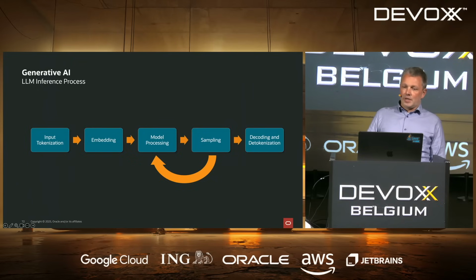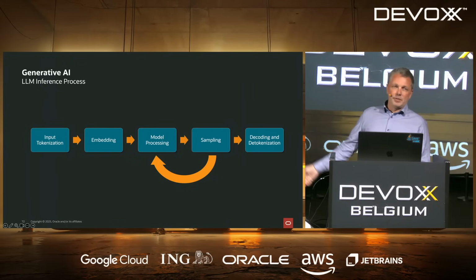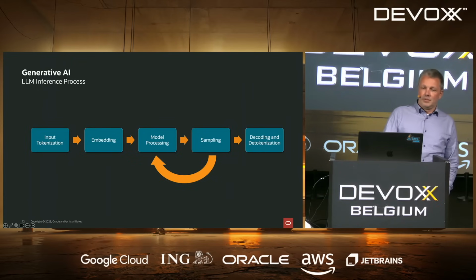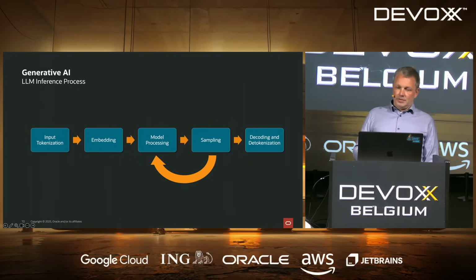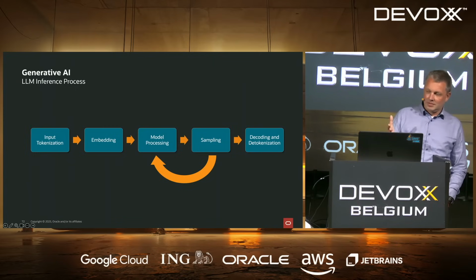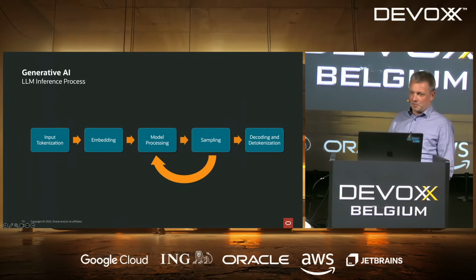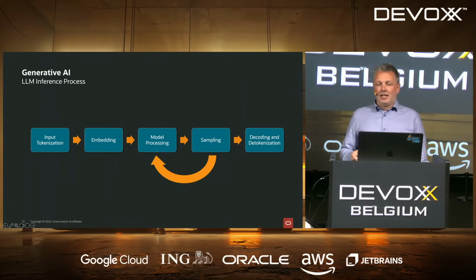The tokens are converted to their numerical representations, in tensors in our case, and the embedding is the process that maps the tokens to a multidimensional space, let's say.